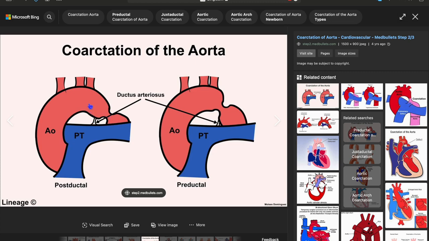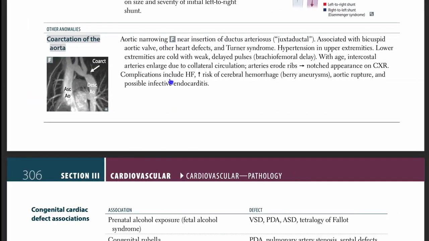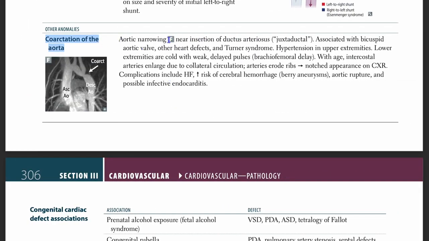But if it happens before it, it's called preductal, and they both have different symptoms. So aortic narrowing near the insertion of ductus arteriosus, just ductal, associated with bicuspid aortic valve and other heart defects and Turner syndrome.